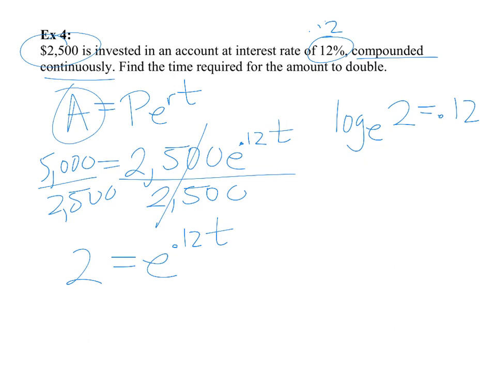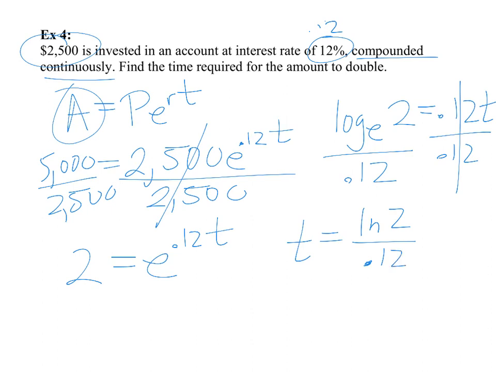Yeah, it's 0.12, but it's 0.12t. That's what I'm missing. Okay, we're good now. All right, let's get t by itself, divided by 0.12. Okay, could also rewrite it like this if you want to have it in the most simplified form. And if you want to work it out on your calculator to get a precise answer, t is going to be 5.8. 5.8 years.